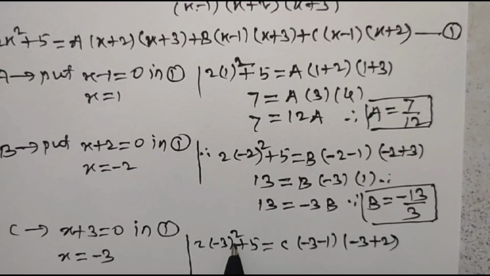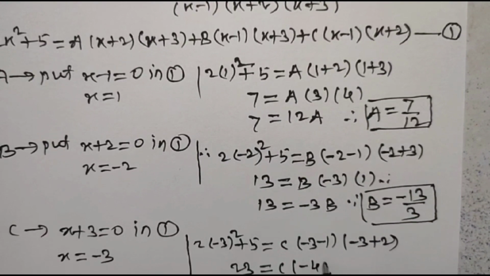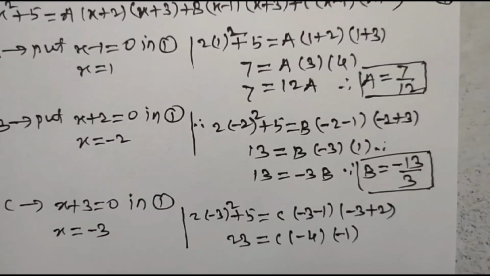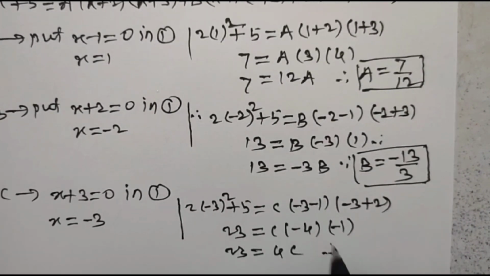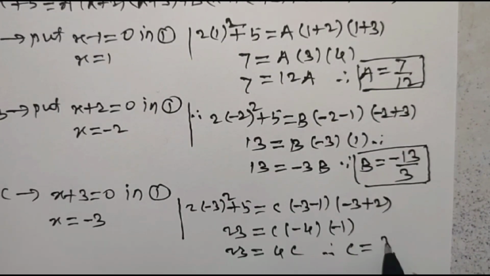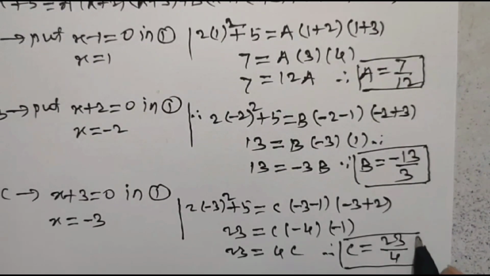Hence, minus 3 square means 9. 9 into 2, 18. 18 plus 5, 23 is equal to c into minus 3 minus 1, minus 4, and minus 3 plus 2, minus 1. Minus 4 into minus 1, 4. Hence, 23 is equal to 4c, and this gives c is equal to 23 upon 4. Okay, this is the value of arbitrary constant c.